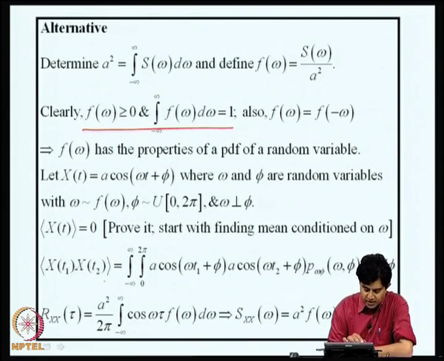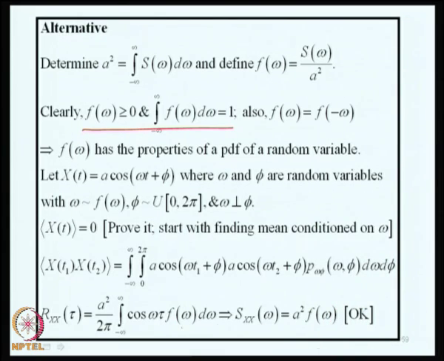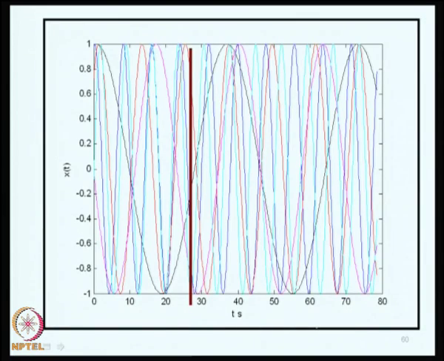The autocorrelation function can be evaluated, this is reasonably straightforward, and you can show that the autocorrelation function is a square into f of omega, which is what we were expecting. That is, the autocorrelation is this, the power spectral density function is this, which is what we are expecting. Now interestingly, how do the samples of this function look?